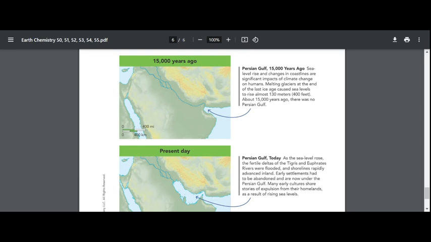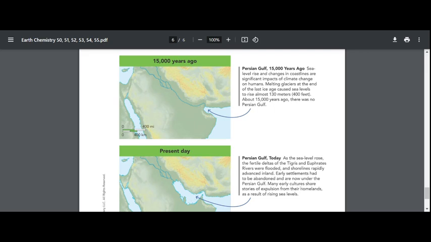And we can see that as the sea level rose, the fertile deltas of the Tigris and Euphrates rivers were flooded and shorelines rapidly advanced inland. Okay. Early settlements had to be abandoned and are now under the Persian Gulf.